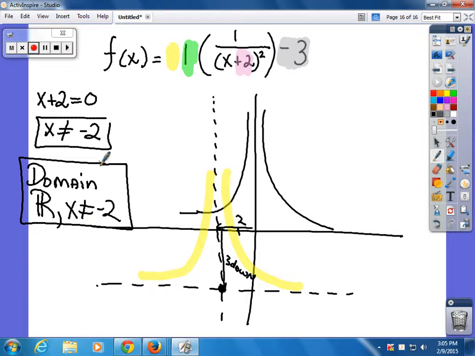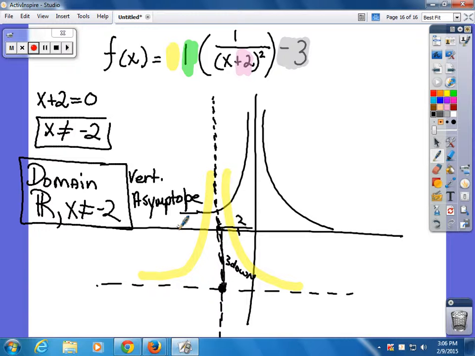And that's why you have a vertical asymptote, and that's what that's called. Write it down. Vertical asymptote. I don't know if it's tote or tote. I always get that mixed up. Vertical asymptote.